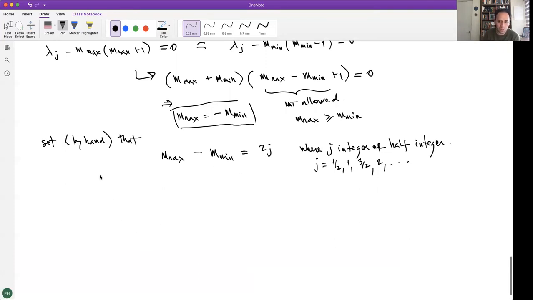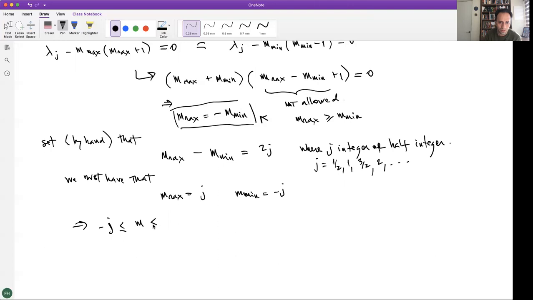Now we conclude. Then we must have that m maximum we can assign to j, and m minimum equals minus j according to this relation, and therefore m is bounded like this.